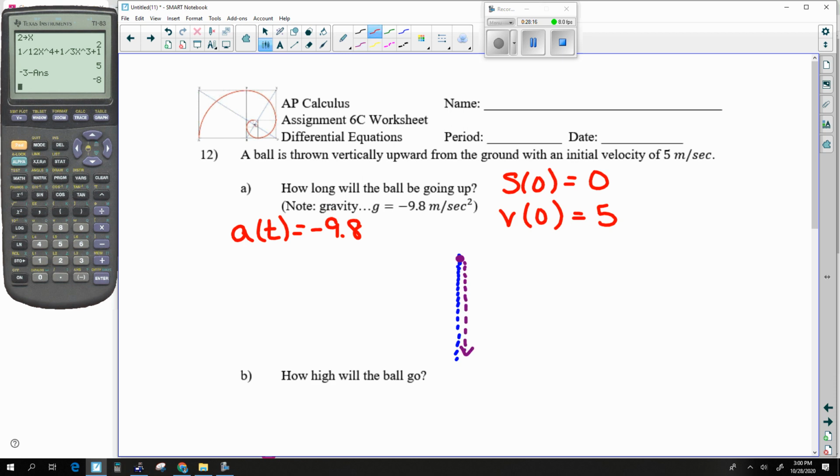So if I need to know information about this top position, that velocity is equal to 0 at the maximum height of this ball. When velocity turns into 0, you are now looking at the maximum height, the top of the flight.